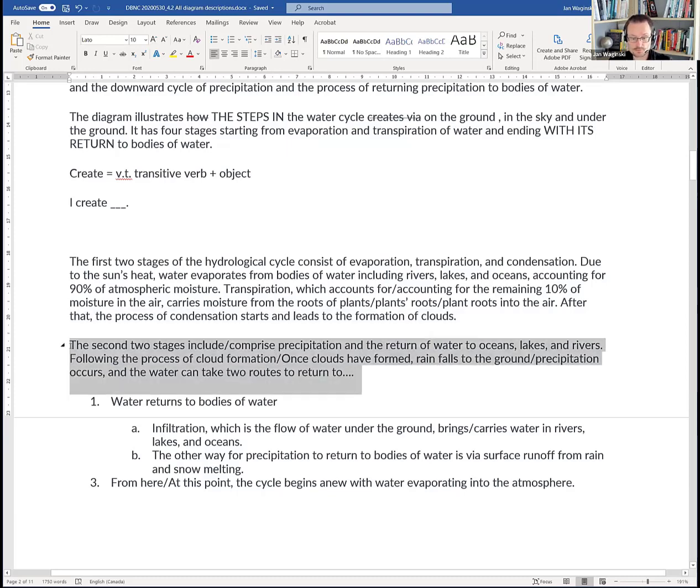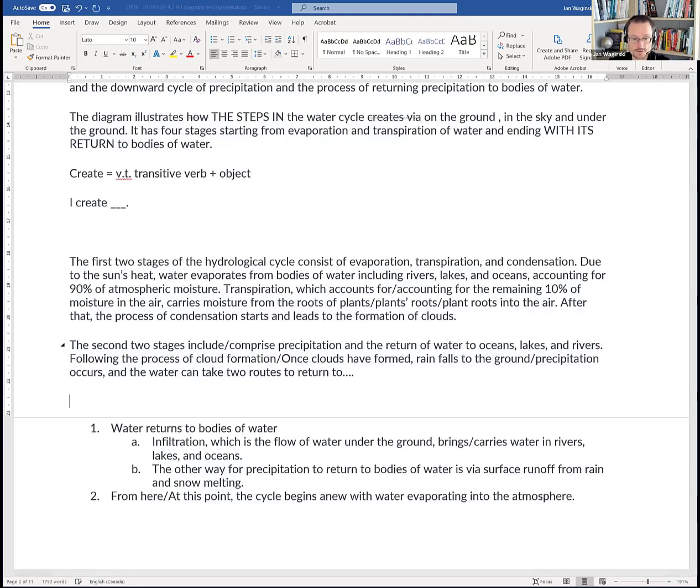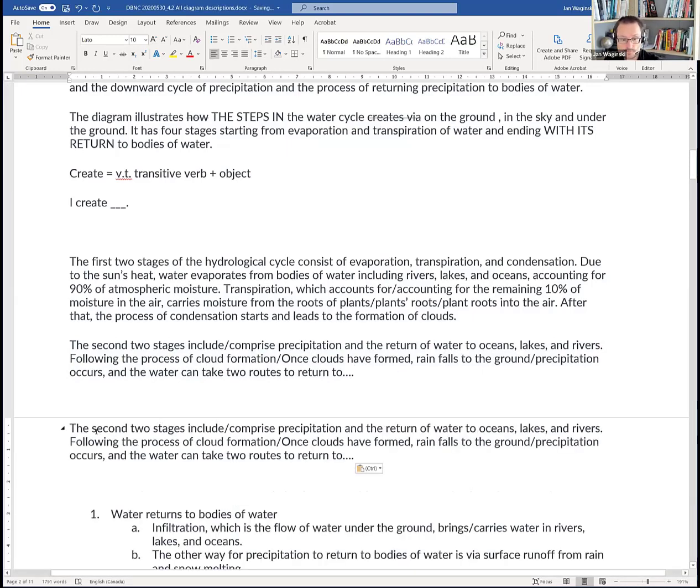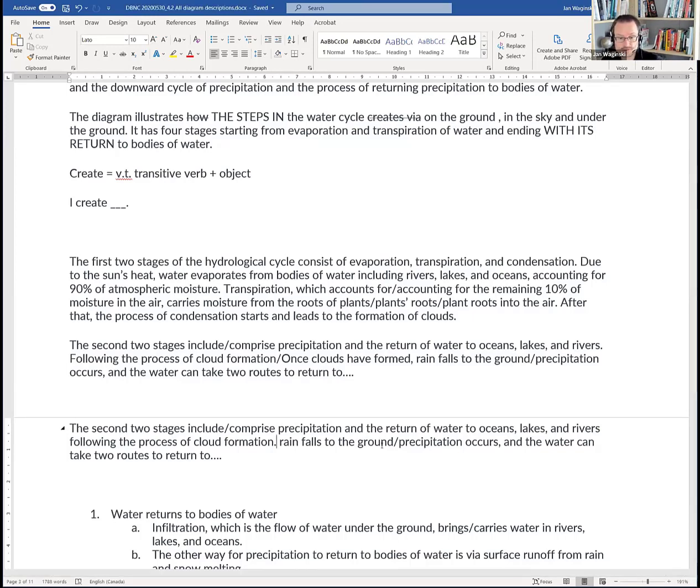Let me just do this whole thing. Second two stages comprise precipitation and the return of water to oceans, lakes, and rivers following the process of cloud formation. Yeah, that's acceptable.